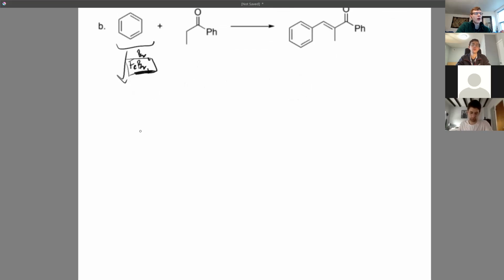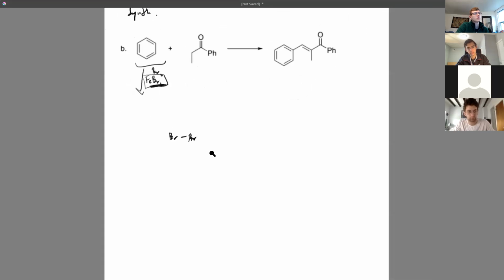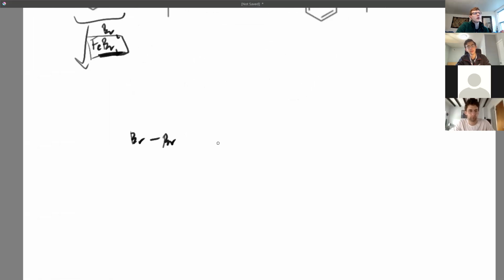So what happens in this reaction is that you have Br2 and then you have FeBr3. And what this does is that Lewis acids, I think, steal electrons.